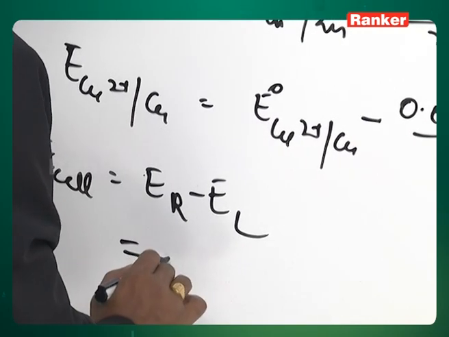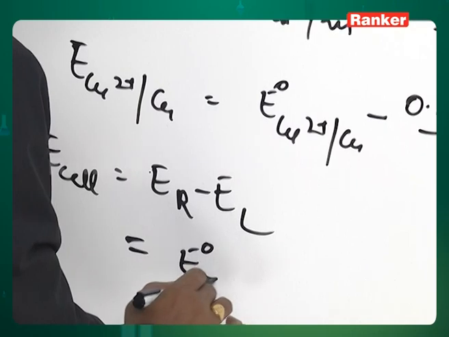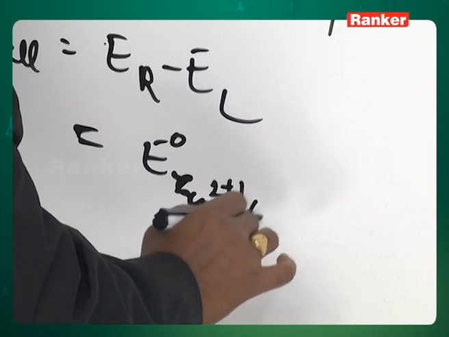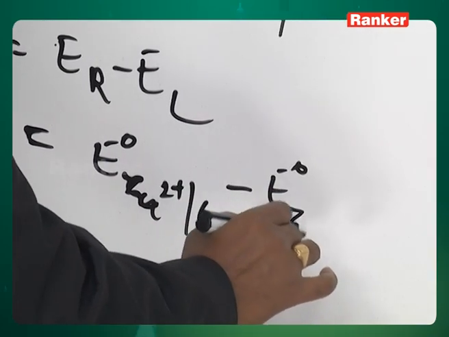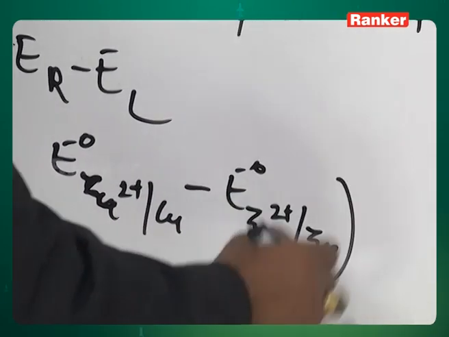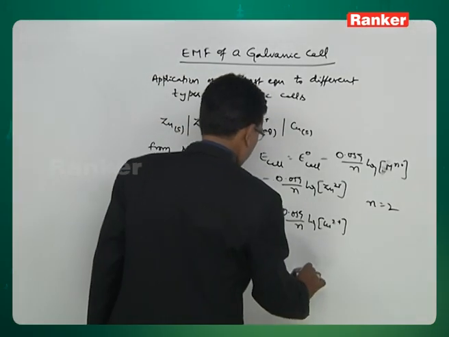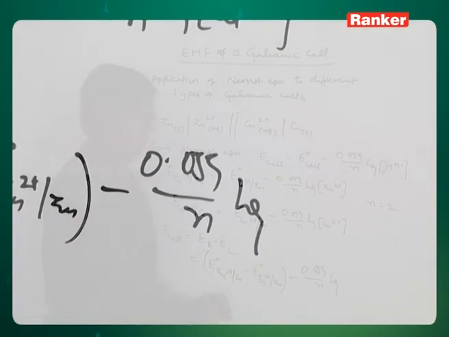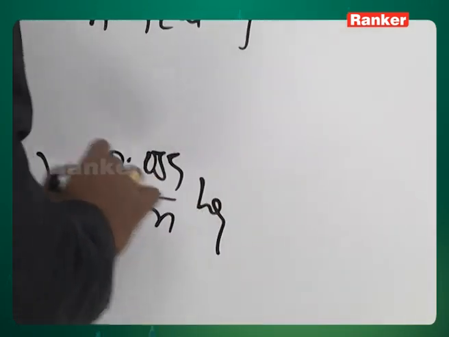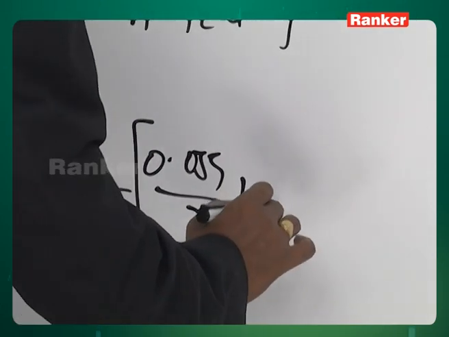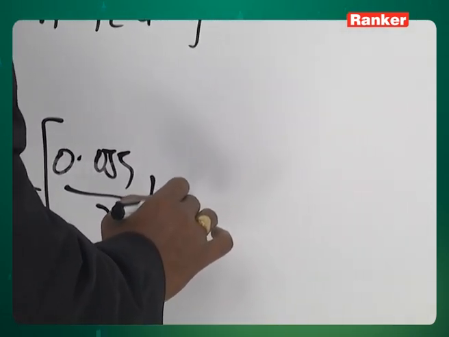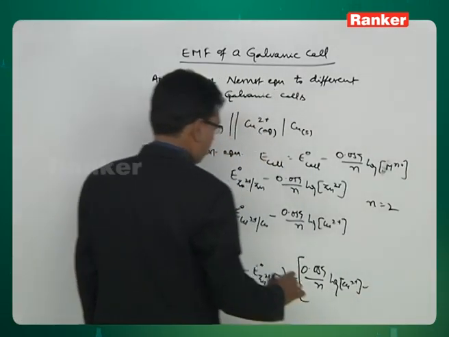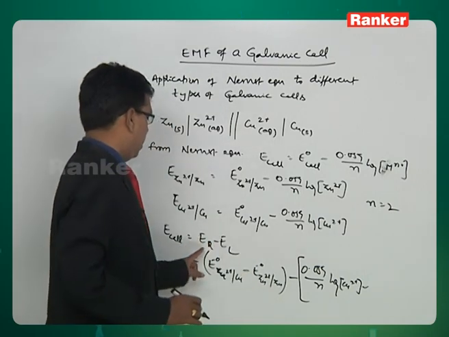So, this is equal to E naught Cu2+/Cu minus E naught Zn2+/Zn minus 0.059 by n log Cu2+.